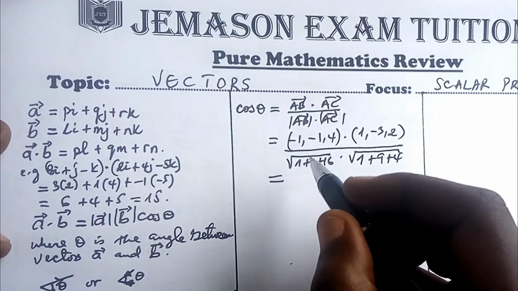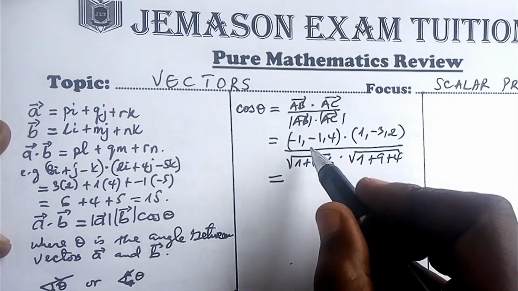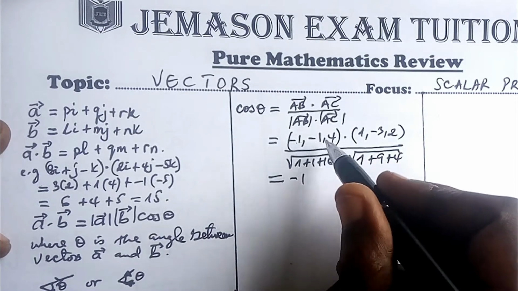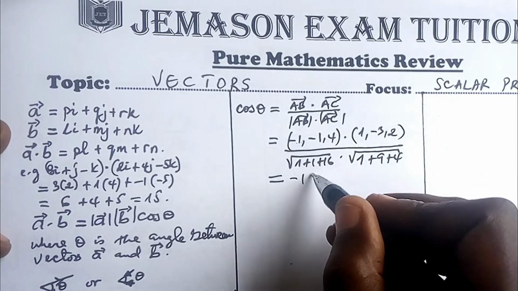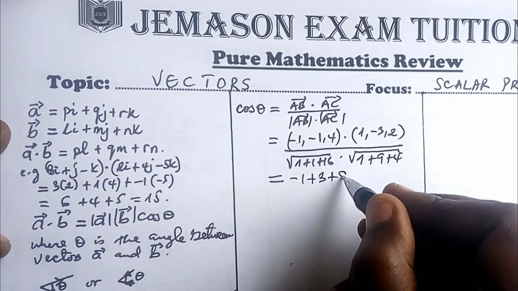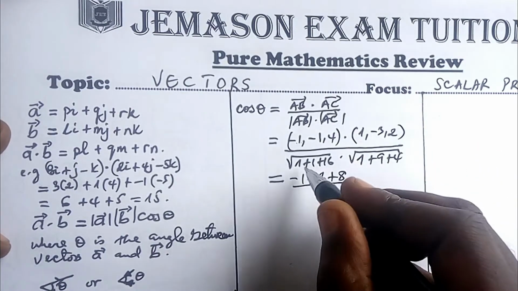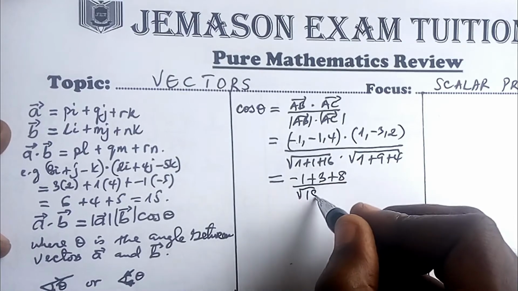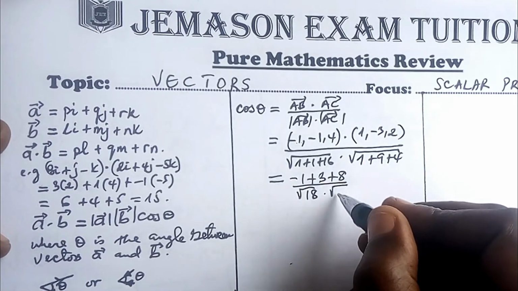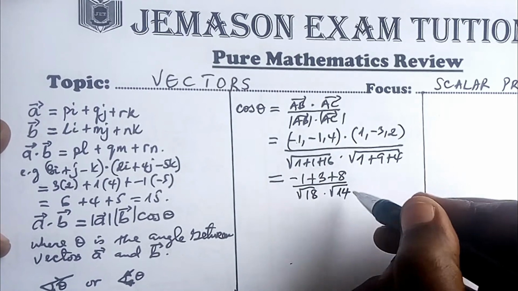For the scalar product at the numerator, we have negative 1 times 1, which is negative 1, negative 1 times negative 3, which is positive 3, 4 times 2, which is positive 8, all over root 18 times root 14.